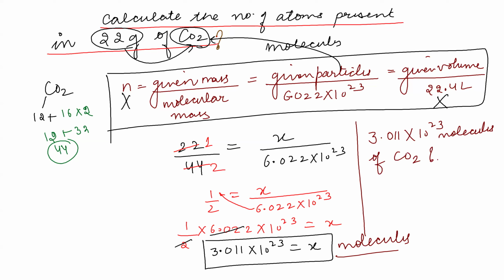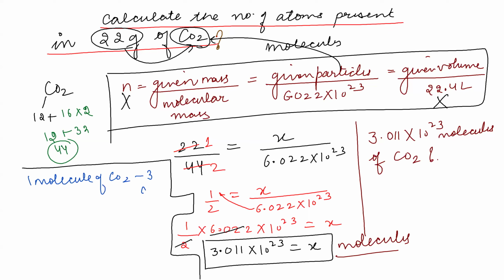Then what do we do? I know for a fact that one molecule of CO2 has three atoms. So 3.011 into 10 raised to the power 23 molecules of CO2 have 3 into 3.011 into 10 raised to the power 23 atoms.